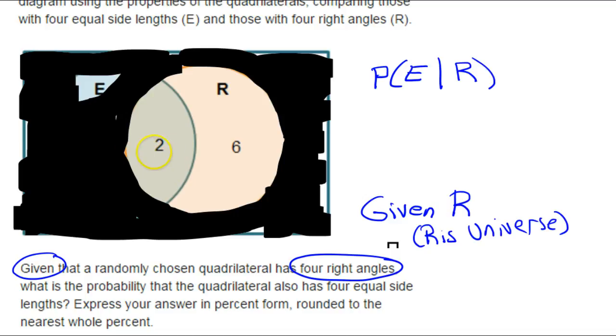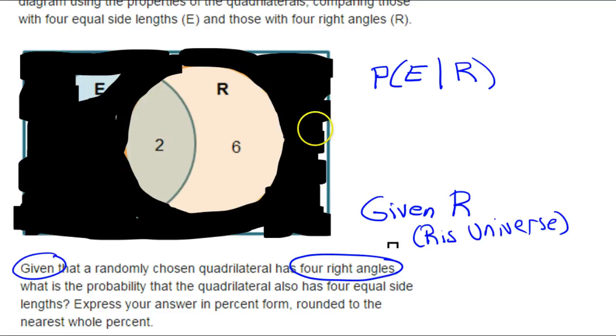So this number 2, yes, it's in circle R, which means that it has 4 right angles. But it's also in circle E, which means it has 4 equal side lengths. So just remember that 2 does belong in the blue circle as well.